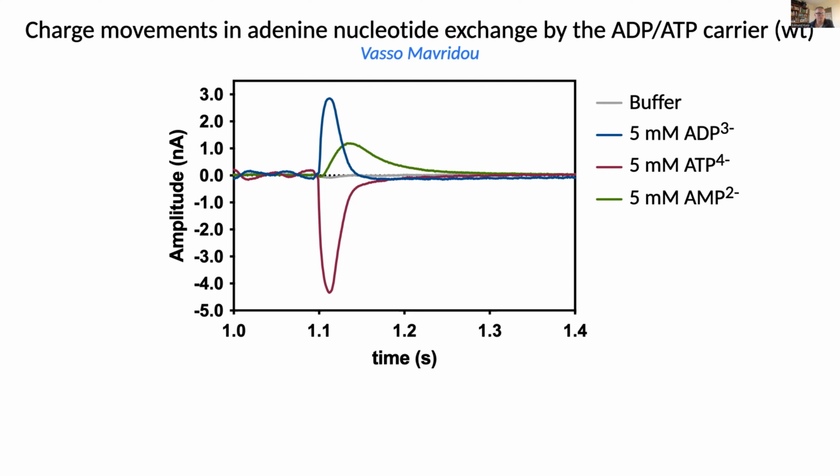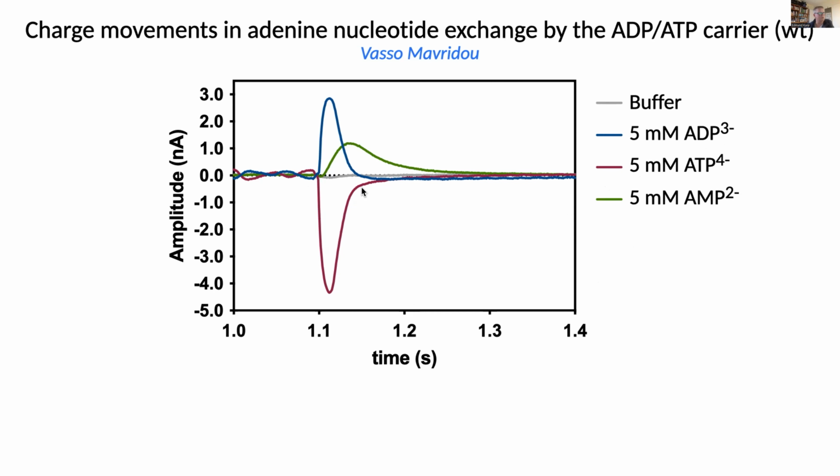To maybe a surprise at first, if you give the transporter a -3 particle in the form of ADP, what you observe is a positive capacitance current, while if you give it ATP, you find a negative capacitance current. Now, you know that the formal charge difference between the two is 1.